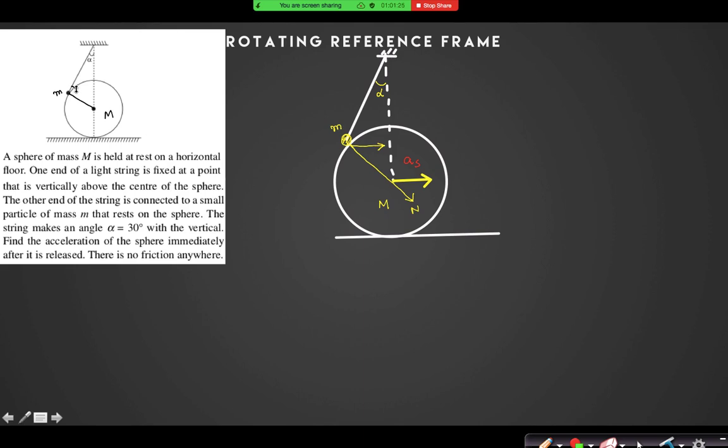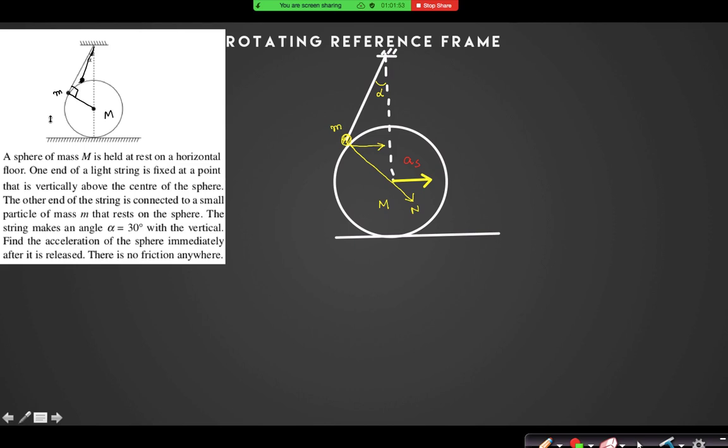If it is not 90 degree, I don't think we will be able to solve this question, because we will not be able to find the other angles also. Sir, it will be 90 degree, because the small ball is touching the sphere at that moment, and it cannot go inside the sphere. But this type of situation is also possible. Yes or no?